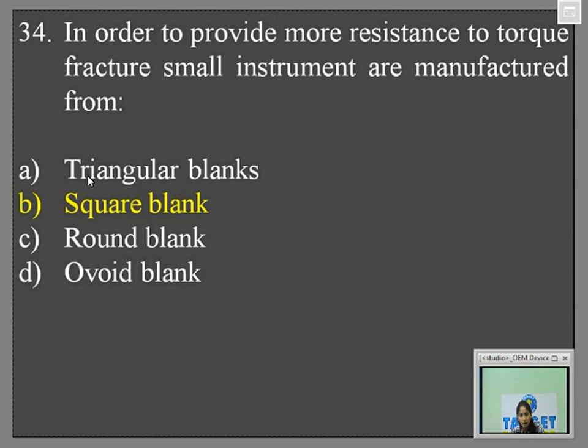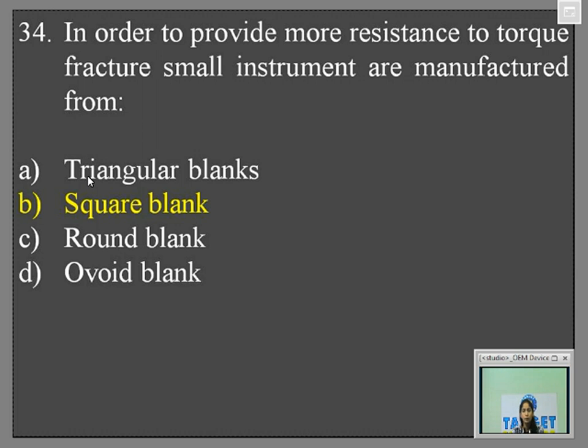Files, because they are now made in a squarer cross section, will have a better resistance to fracture. But because you have a square shape, that means you have 4 flutes, it will result in a reduction in the cutting efficiency. So files will have a lesser cutting efficiency as compared to reamers, but at the same time they have a better resistance to fracture as compared to reamers because of a better central core area.